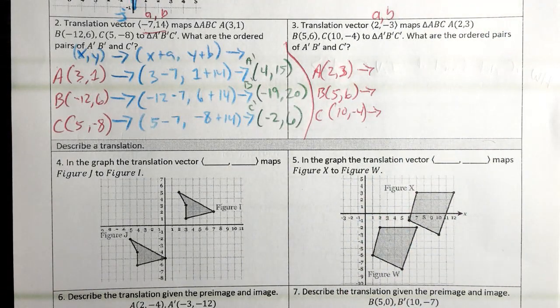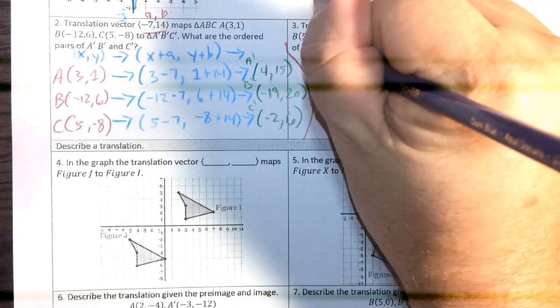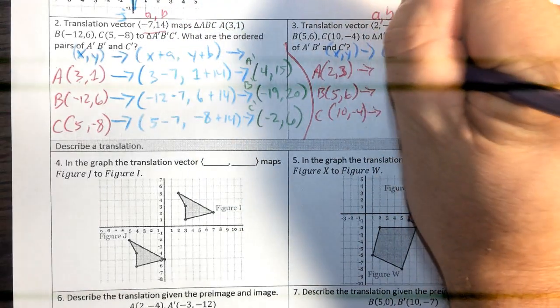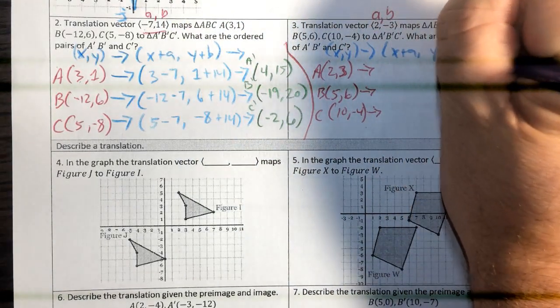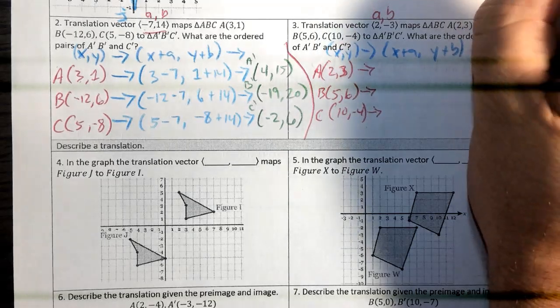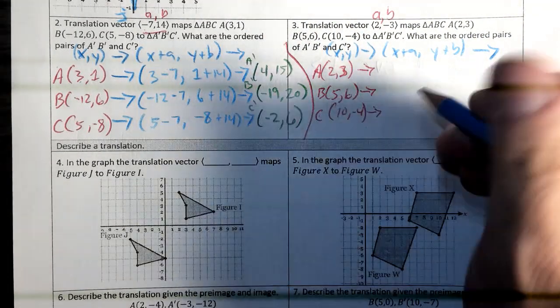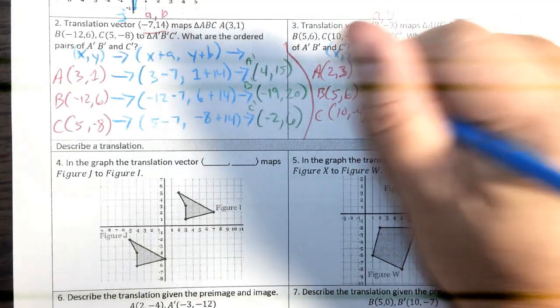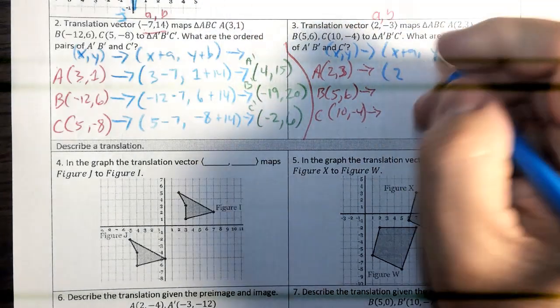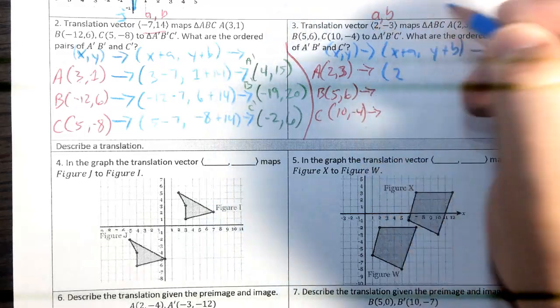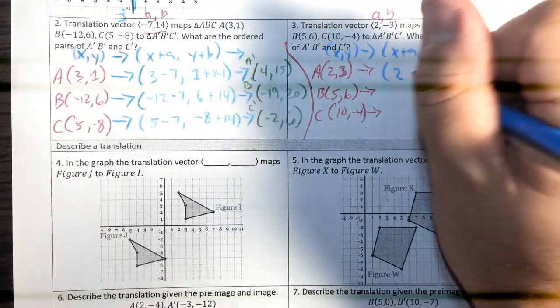So again, x comma y is going to be x plus A, y plus B to give us our new pair. So for A, our x is 2. For our vector A, sorry for the confusion, it's positive 2.